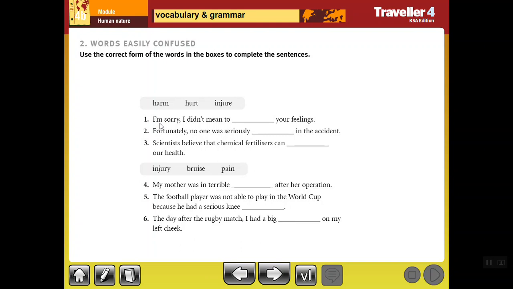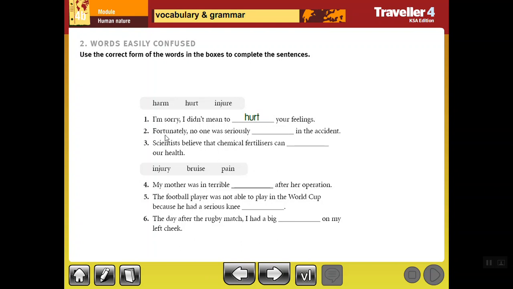For example, in the first one, I'm sorry, I didn't mean to ___ your feelings. Can I say, I didn't mean to harm your feelings, hurt your feelings, injure your feelings? Yes, it's hurt your feelings, or in Arabic it's called يؤذي مشاعر.